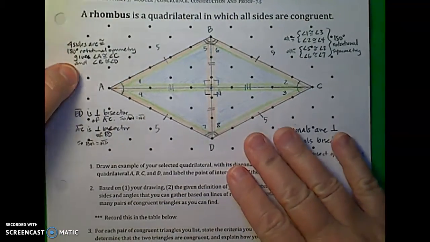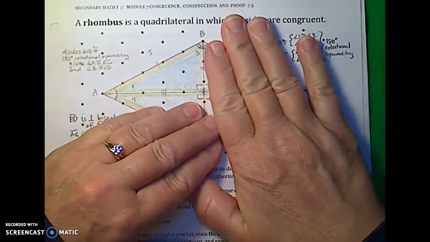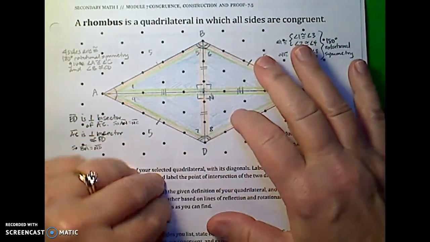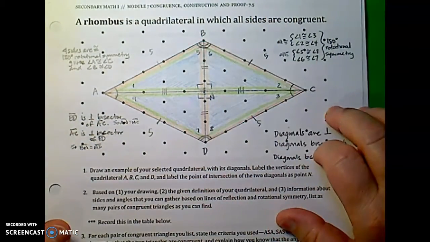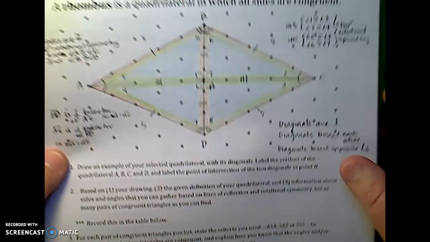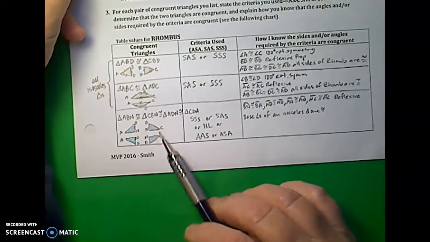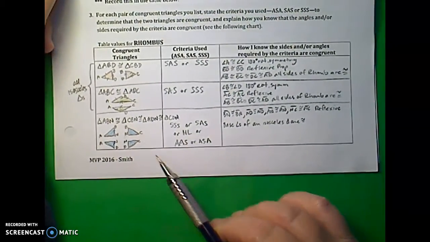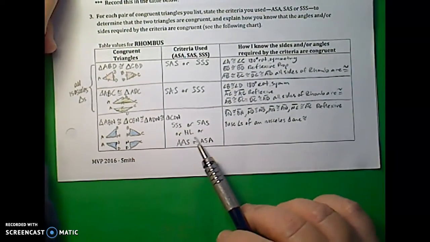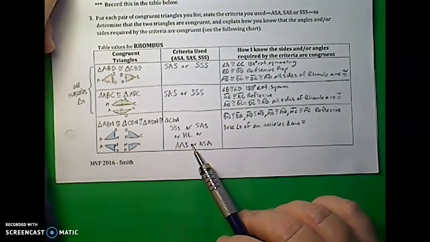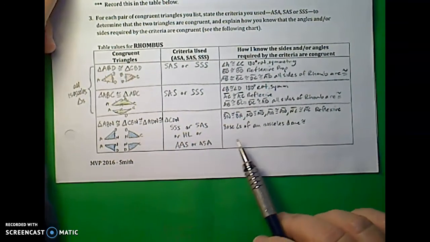The other set of triangles that are congruent are basically any of these four. Those are actually four congruent right triangles. And so any two of them could be paired at a time. And almost any triangle congruence theorem could be used to prove those congruent.